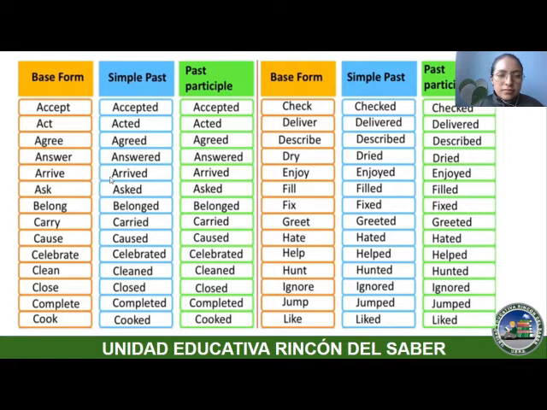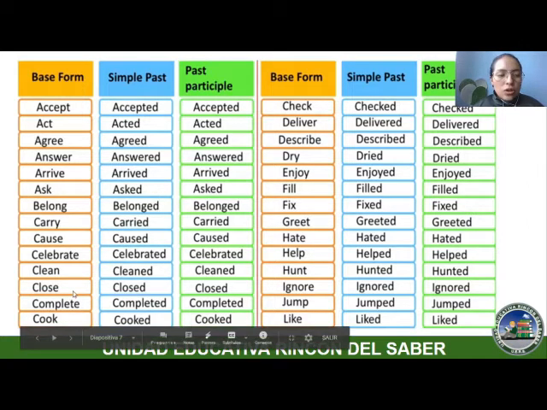Arrive, arrived. Ask, asked. Belong, belonged. Carry, carried. Cause, caused. Celebrate, celebrated. Clean, cleaned. Close, closed.